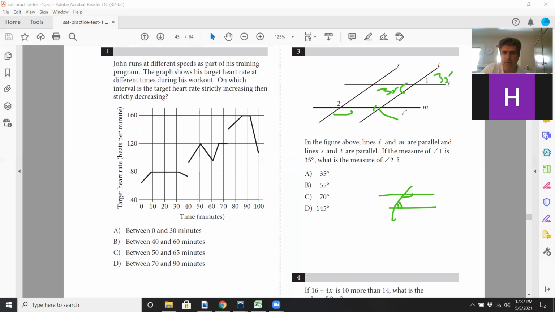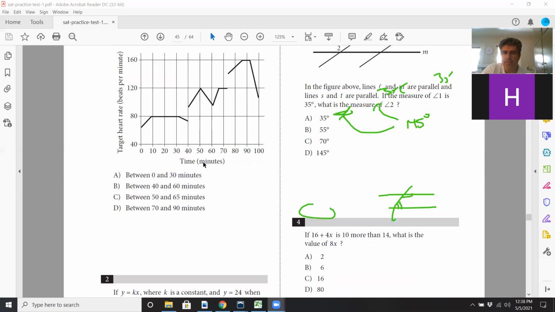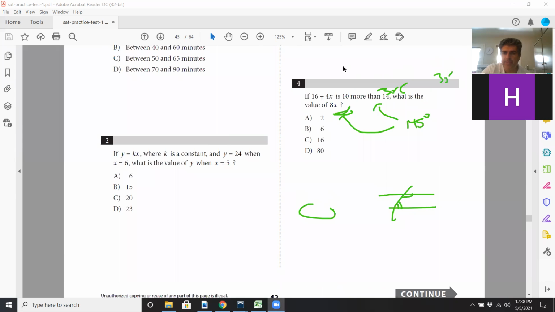So this right here is 145 degrees. And then because S and T are also parallel, that's also 145 right here. Therefore, angle 2, which is opposite this angle, is also 145. So yeah, there's testing on your knowledge of parallel lines.